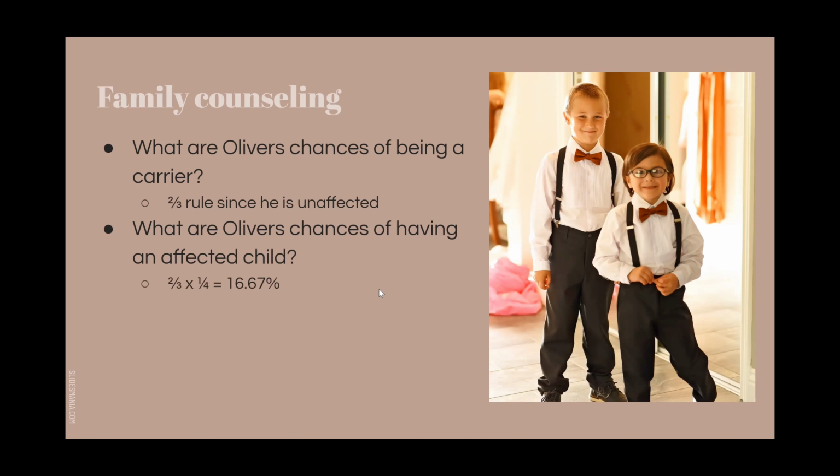So while there is a 2/3 chance of him being a carrier, this is variable depending on who his partner is. If his partner is a carrier, then they would have a 1/4 chance of having a child affected with primary carnitine deficiency, which is 16.67%.